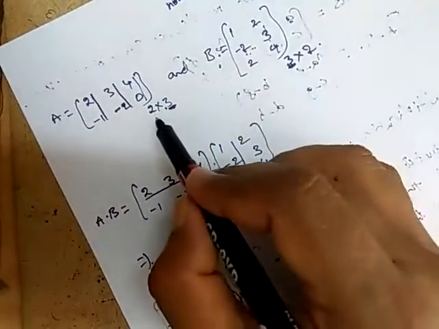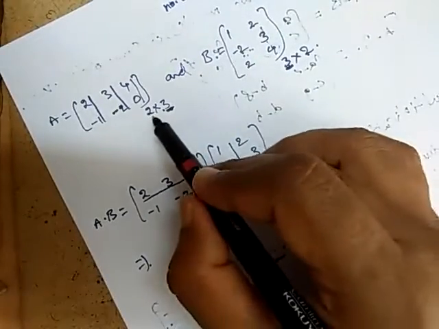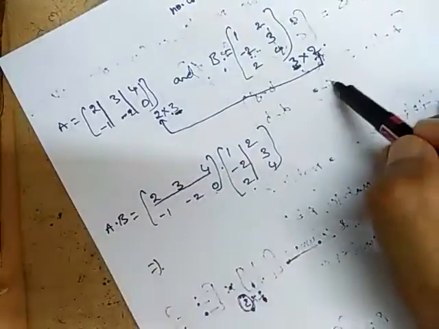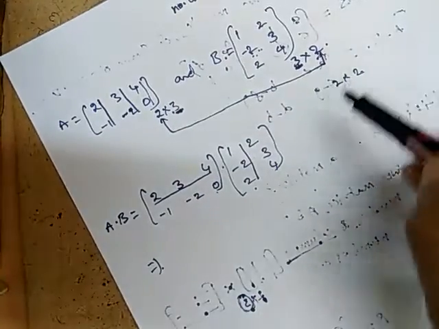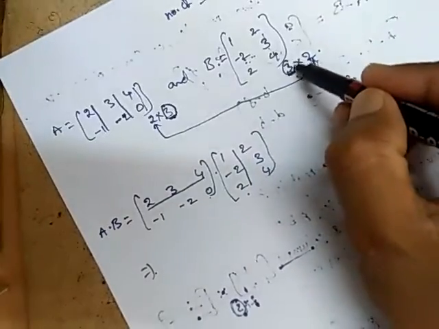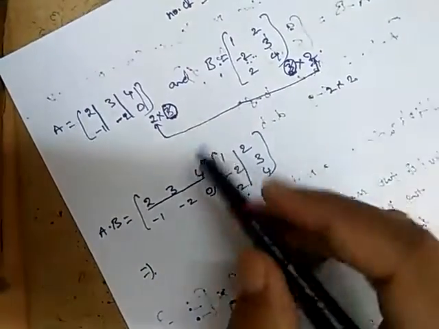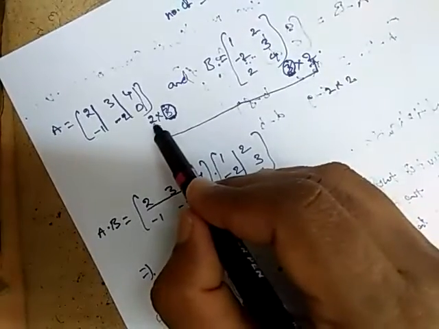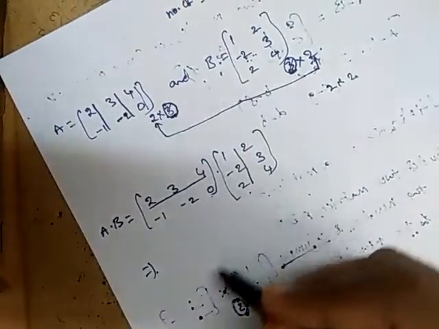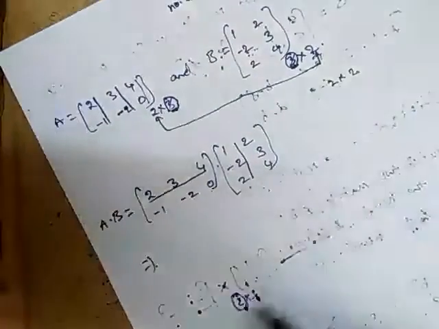And the resultant matrix order: the number of columns equals the number of rows, so these two get cancelled. The remaining numbers are 2 and 2, so the final resultant matrix order is 2 by 2.